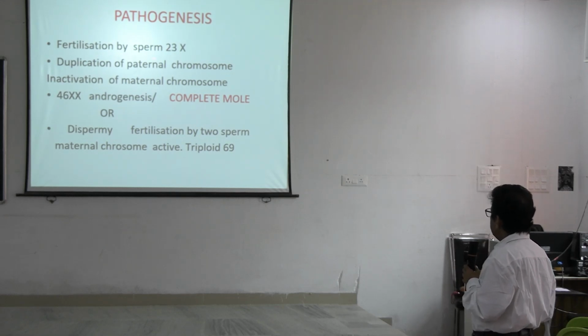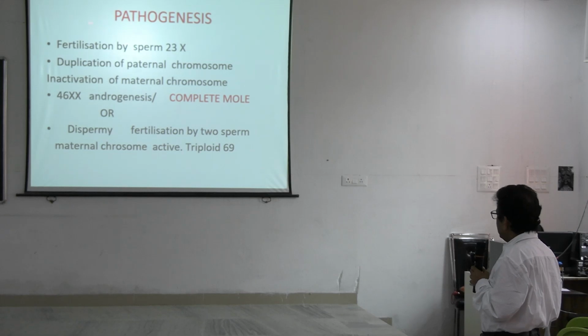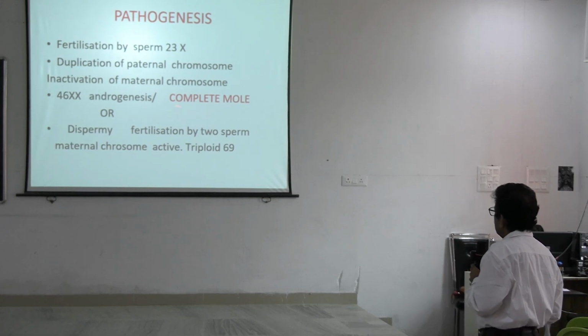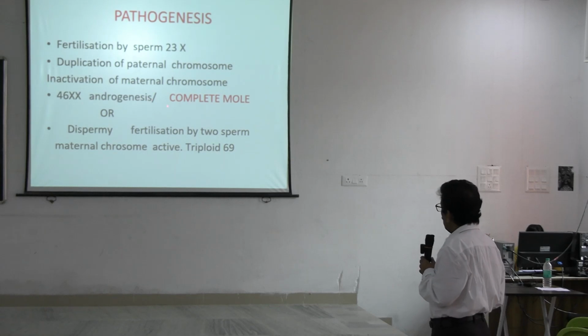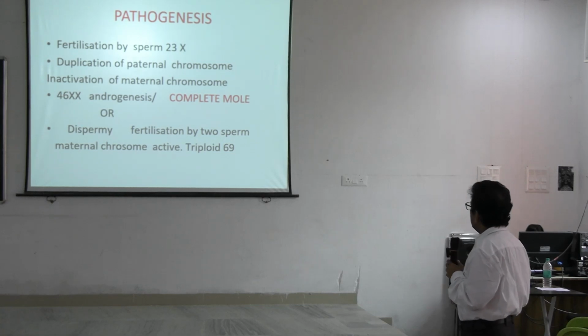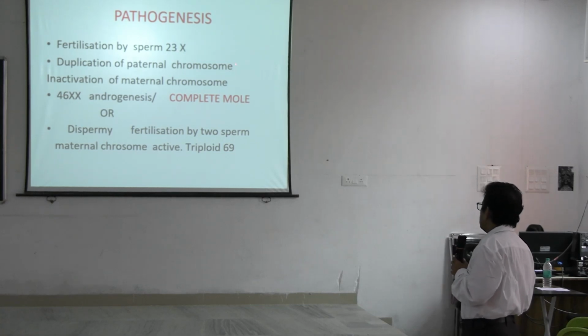So fertilization by a 23X then undergoes duplication to cause 46XX, which gives rise to no fetus, no placenta, but molar pregnancy. Or rarely it may be dispermy, 23X and another 23X.